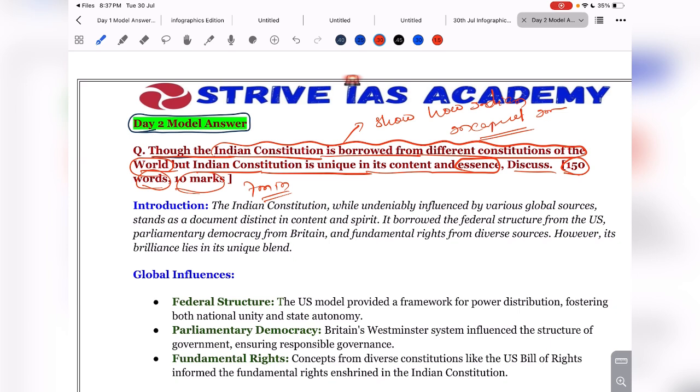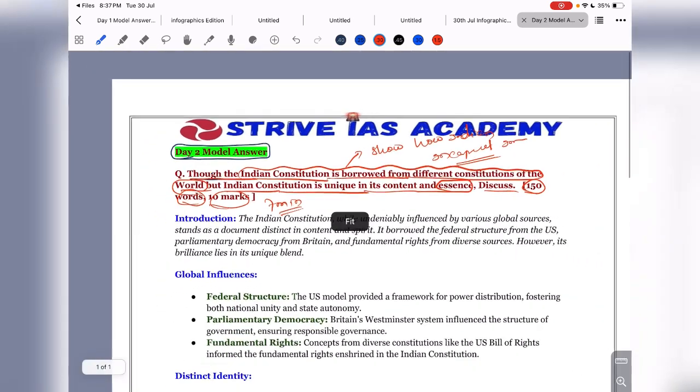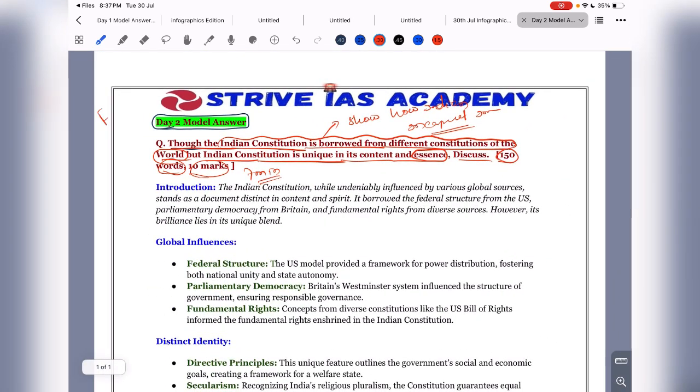Then directive principles of state policy from the Irish constitution. You also have to mention fundamental duties from Russia, then interstate trade and commerce from Australia. So you have to discuss everything in the first part of your answer.